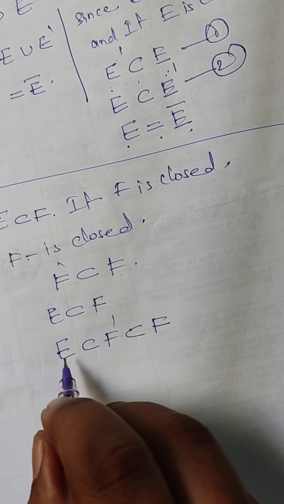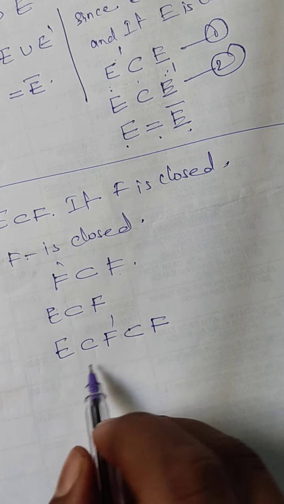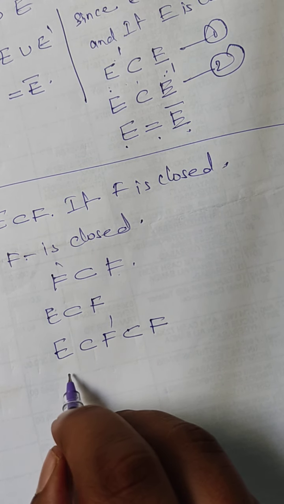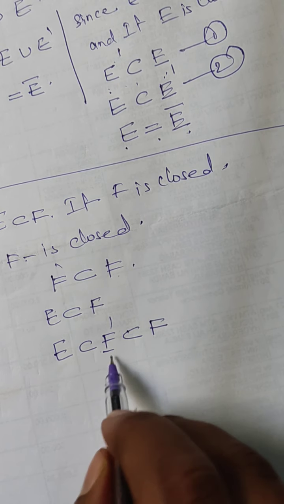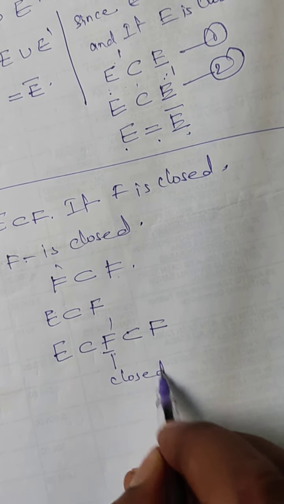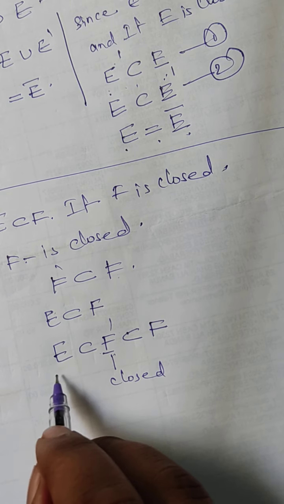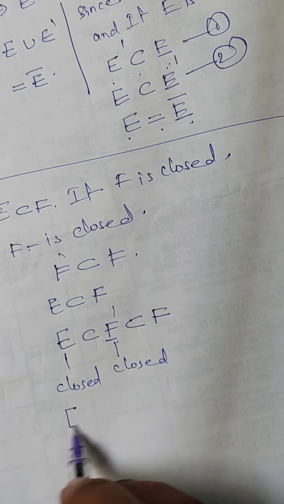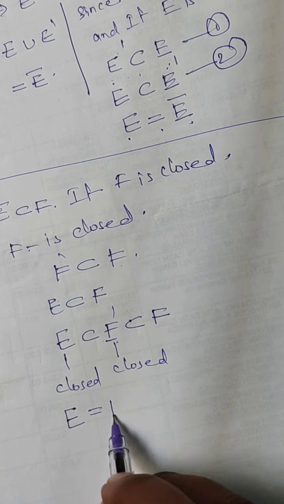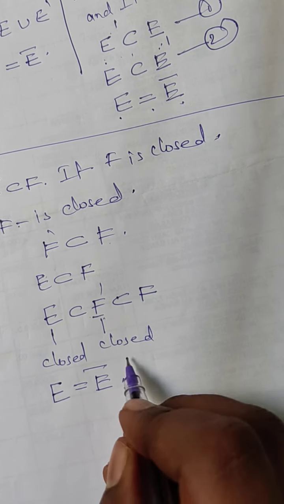From this we can get that since F closure is closed, hence if F is closed, we get that F is equal to F closure.